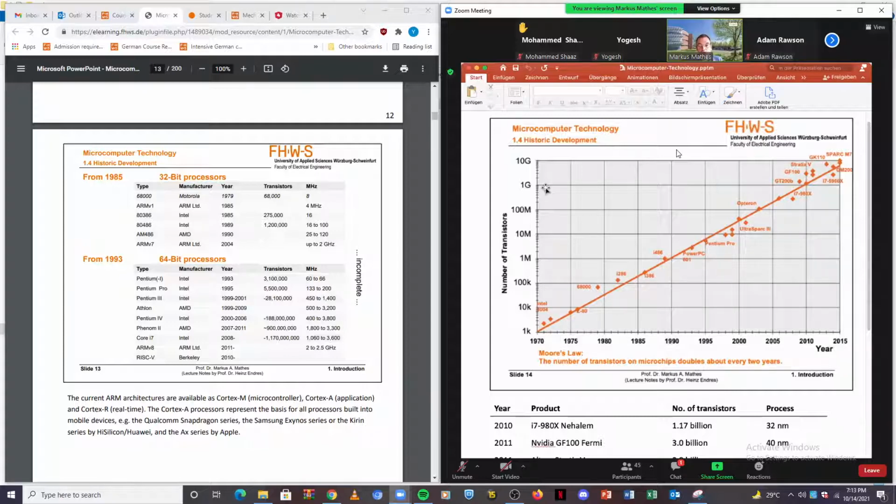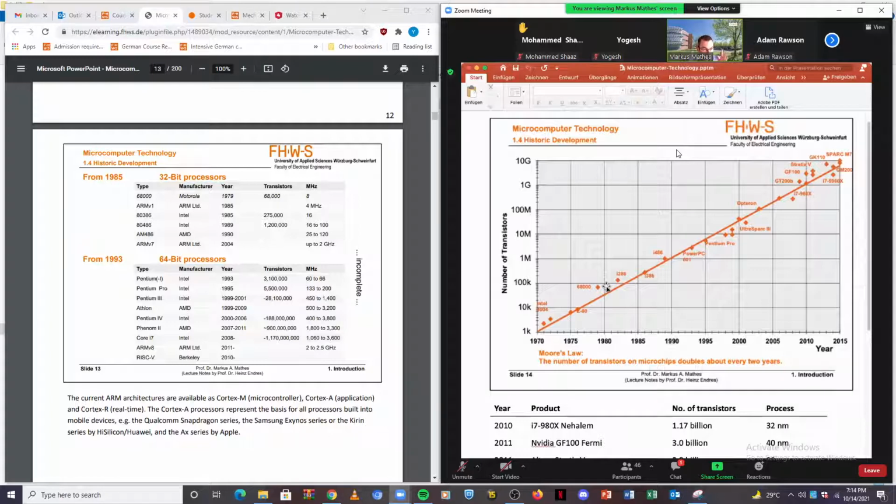And Moore stated in his law that the number of transistors on microchips doubles about every 2 years. So every 2 years, the number of transistors can be doubled, and therefore, of course, the performance and the speed can be increased. And this law is still true.